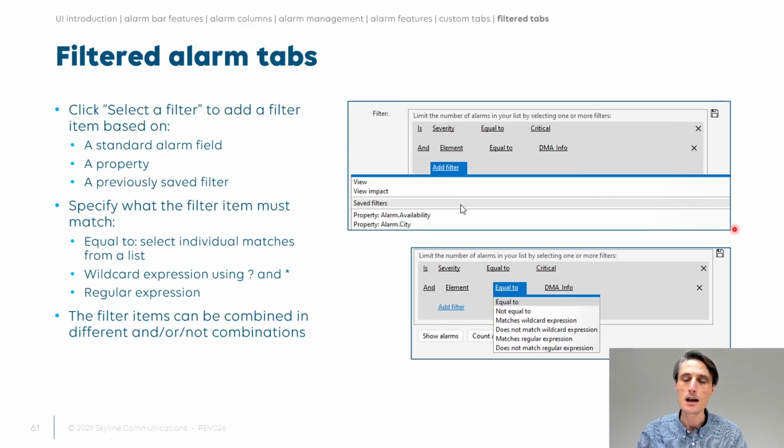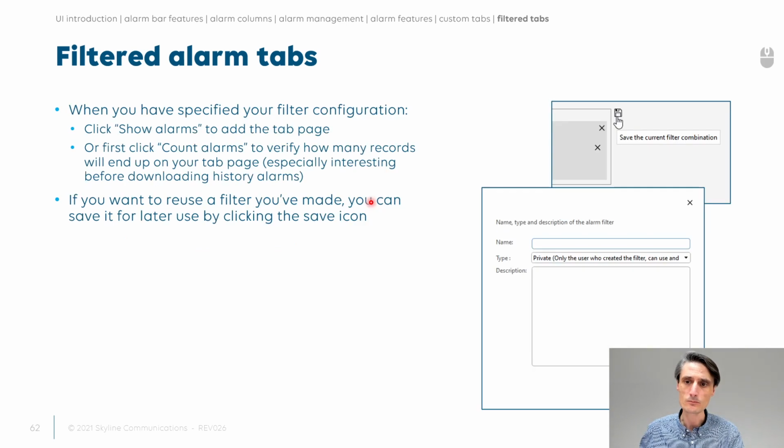Now, one other thing I want to mention is if you created such a filter, you do have the possibility to save that filter and then later on recall a filter that you've created before. If you click on save filter, you will have this pop-up where you give it a more meaningful name for the other users or for yourself with a description in there.